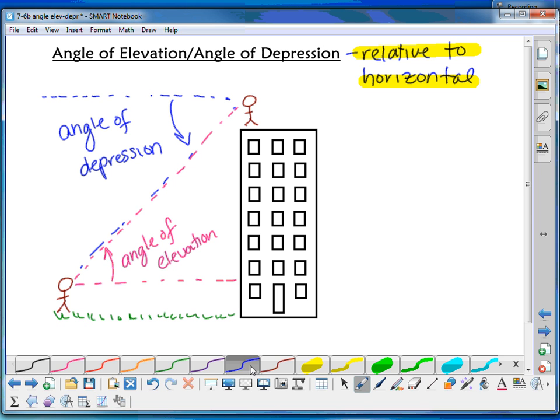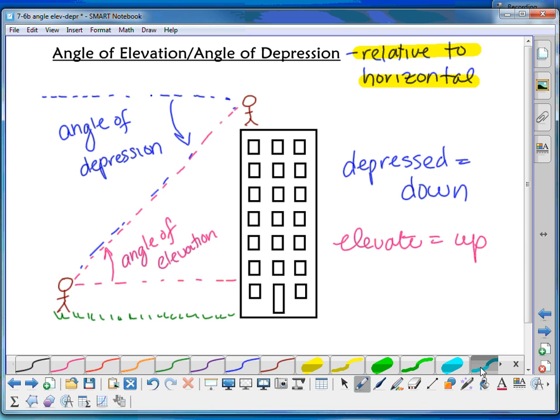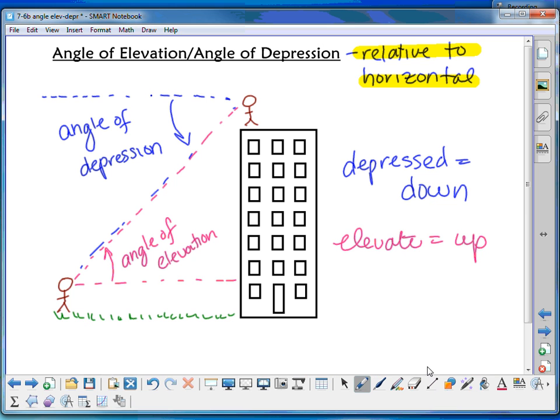Something that's depressed is down. Elevate is up.